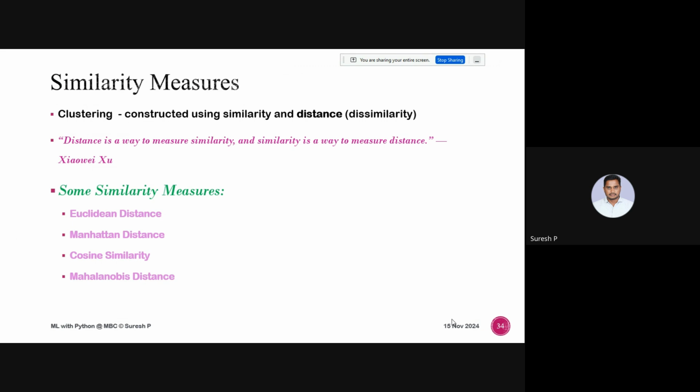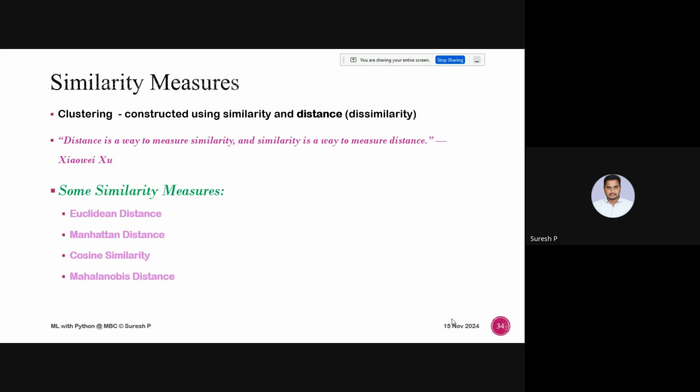If you want to group two data points, we have to identify the similarity between them. If the two data points have more similarity, they can be grouped together. If they have very little similarity, and are completely distant or different from each other, then they should be grouped in different groups. To identify that distance, we use the similarity measure.